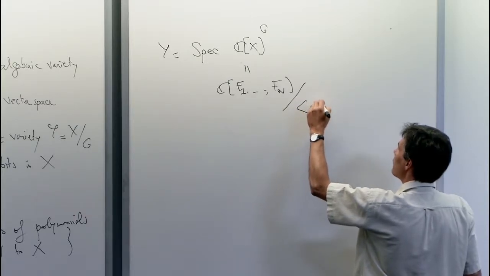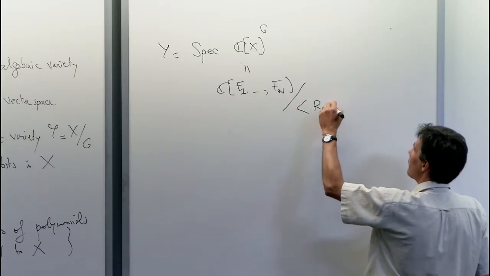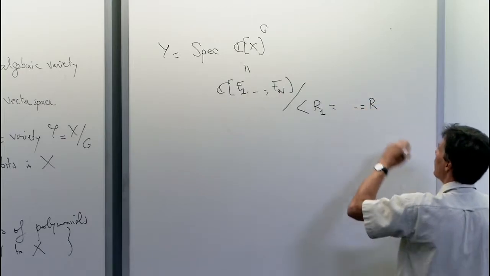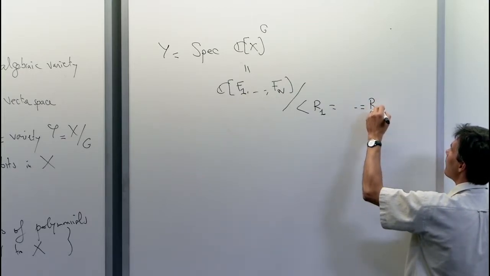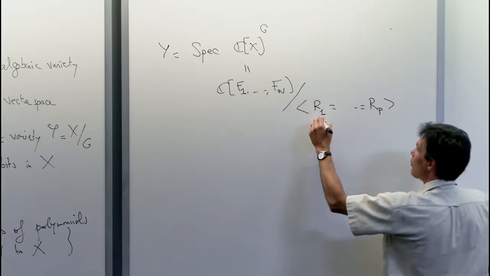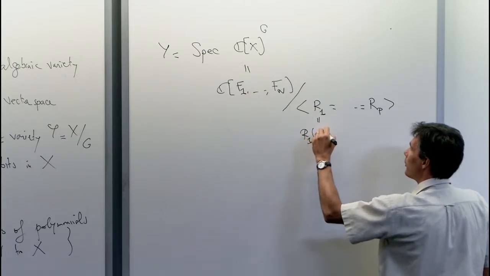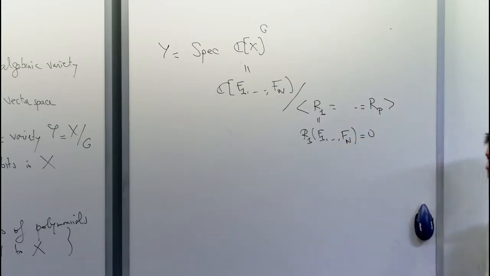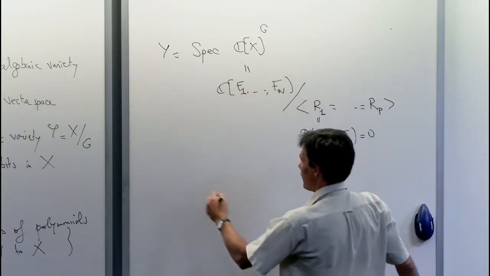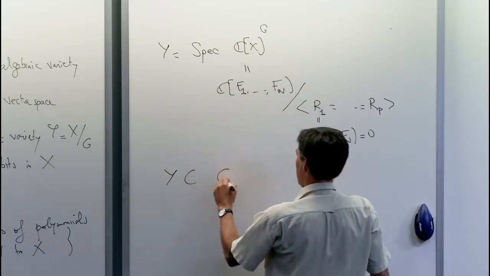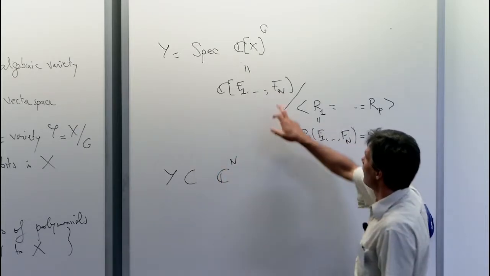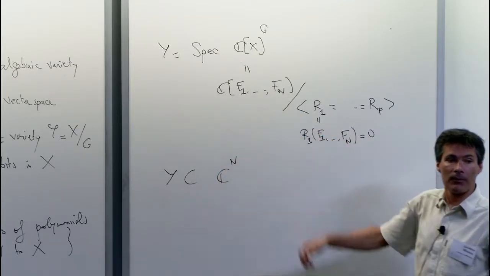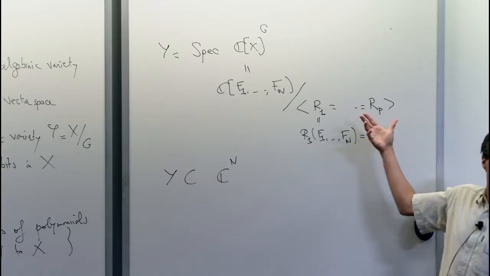There is an ideal of relations with a finite basis, let's call it R1 to Rp. Each one of these is a polynomial relation in the generators. And what is this Spec? It is just the variety, which you can think of as inside C^n, where n is the number of generators, given by precisely these polynomial equations.